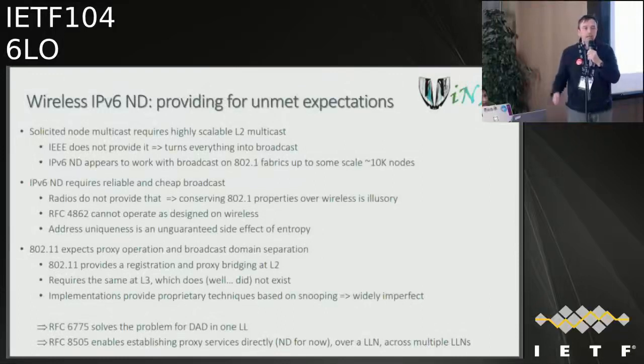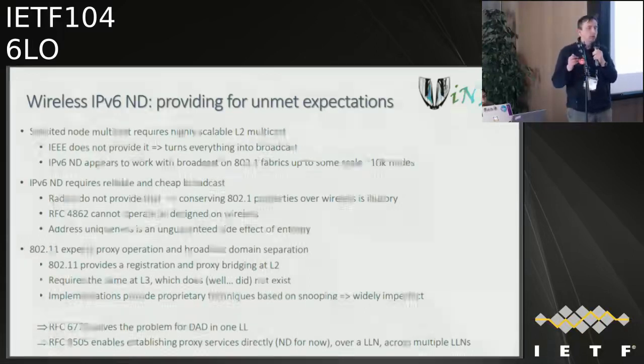On the other hand, the IEEE was expecting from the IETF that proxy ARP and proxy neighbor discovery would happen at the access point. If you look at it, an access point is a proactive transparent bridge.